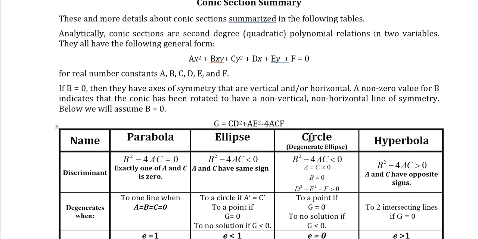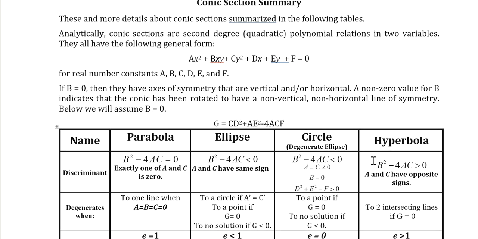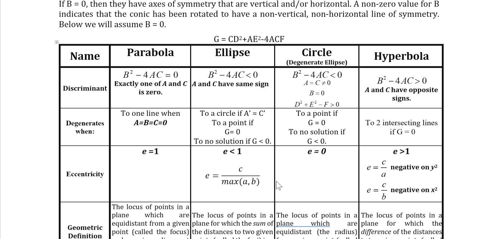X squared plus y squared equals 0 is just the origin. X squared plus y squared equals a negative number, not possible. No solution. A hyperbola's formula can basically degenerate to two intersecting lines when G is 0. We'll see something about that.